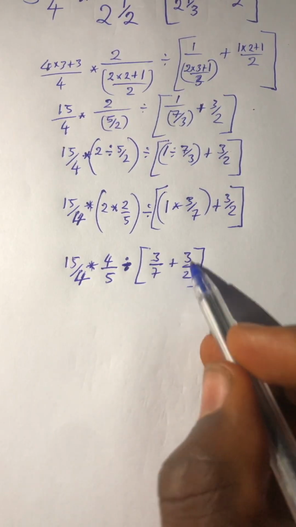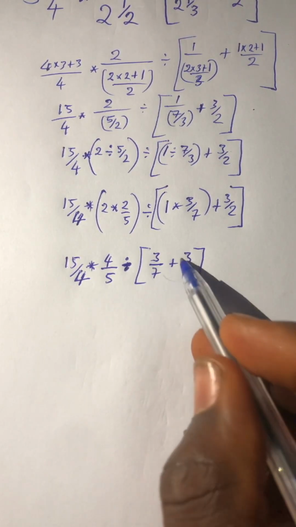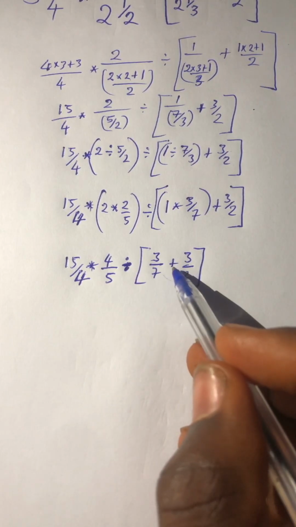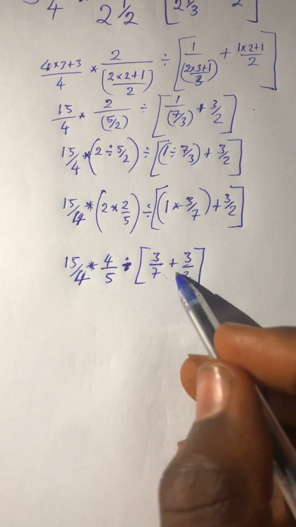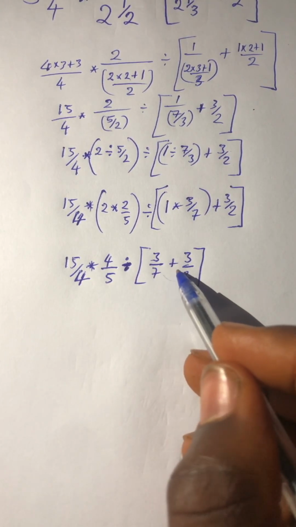Add this to the fraction inside, and the common denominator of the fraction inside, the common multiple, is 14.